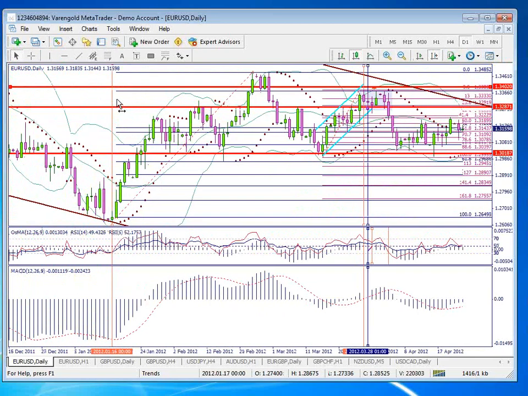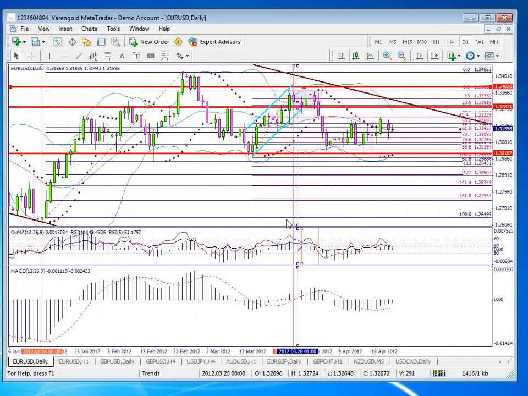But also on daily, we can see that in this area we don't have yet the confirmation of the signal. On daily, just a little bit late, we have the signal for sell.